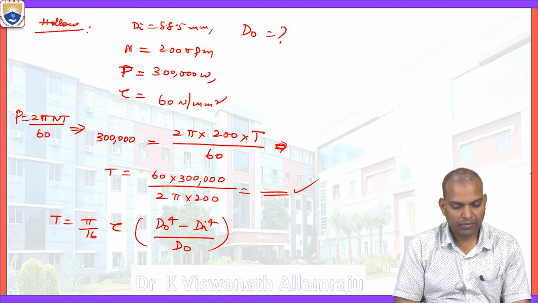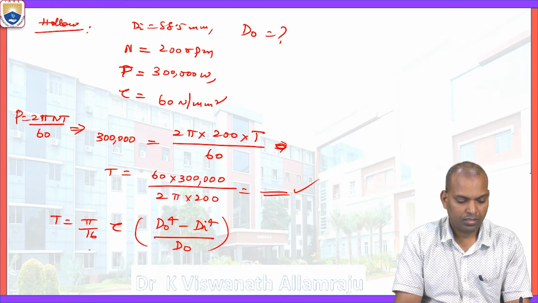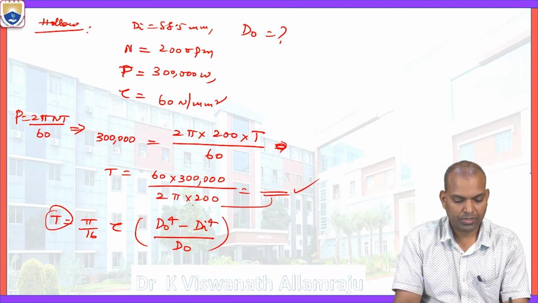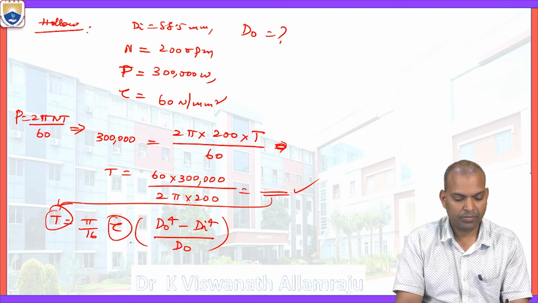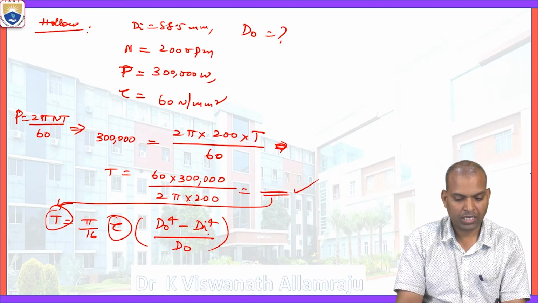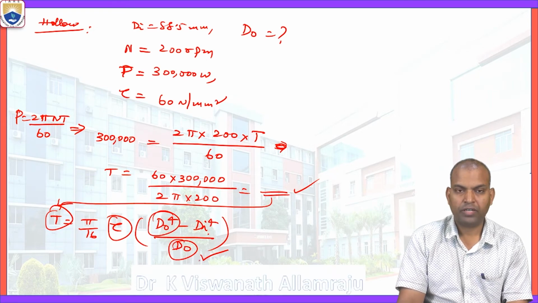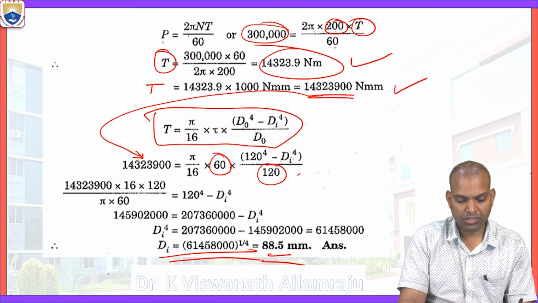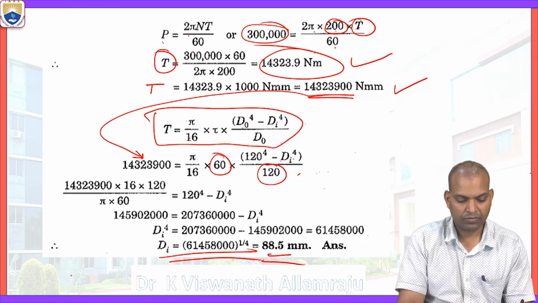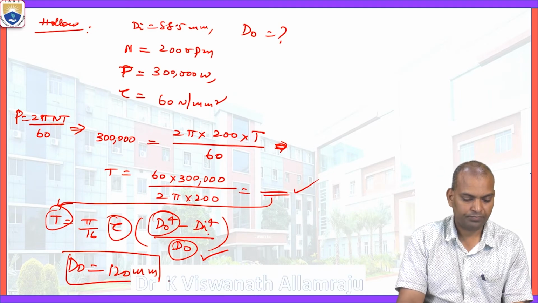Now we know the Di value, and we know the torque which is obtained here. Tau we know is 60 Newton per square millimeter. Substitute the Di value 88.5 millimeters, and we have to calculate the D naught value. The D naught will come out after substitution, and D naught will come as 120 millimeters.